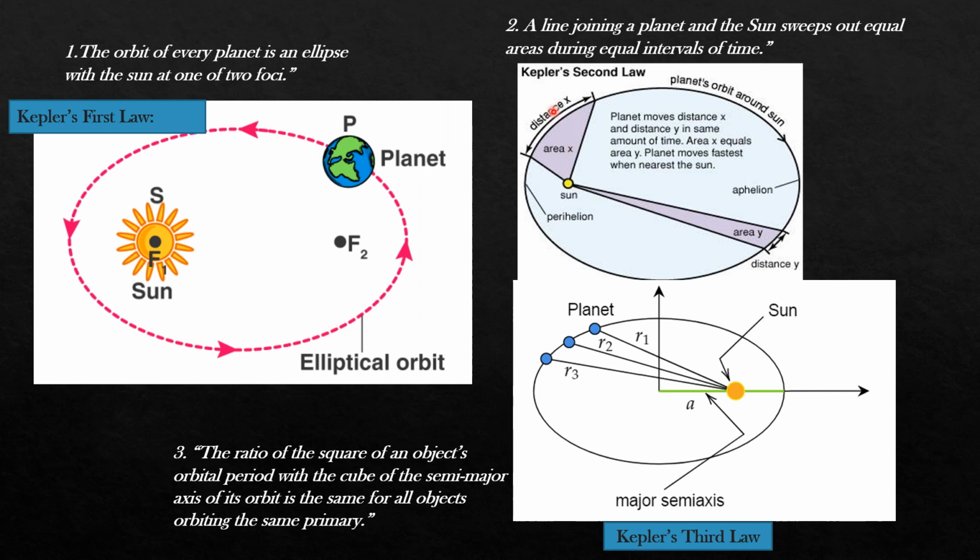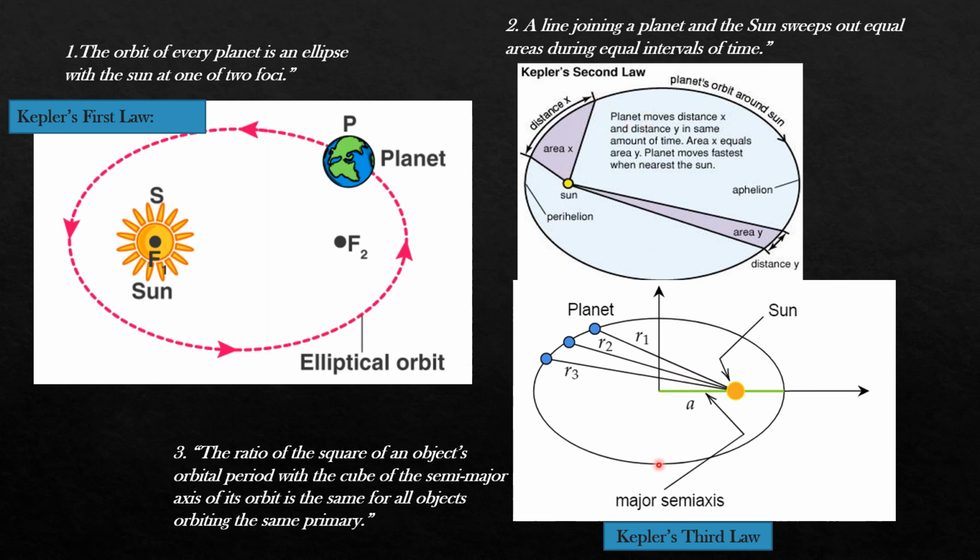When the planet comes nearer to the sun, it moves very fast, whereas the planet which is away from the sun moves very slowly. So the area covered by the planet is the same. This area and this area are equal. This is the second law of Kepler.